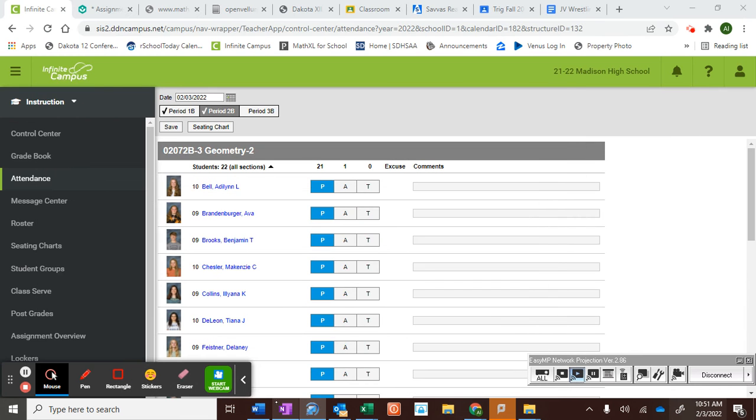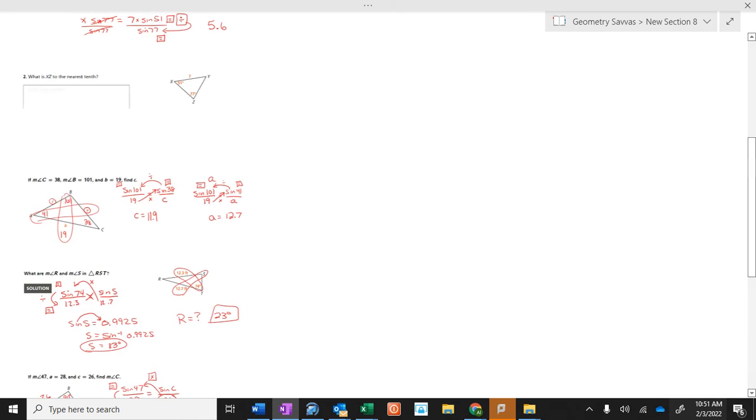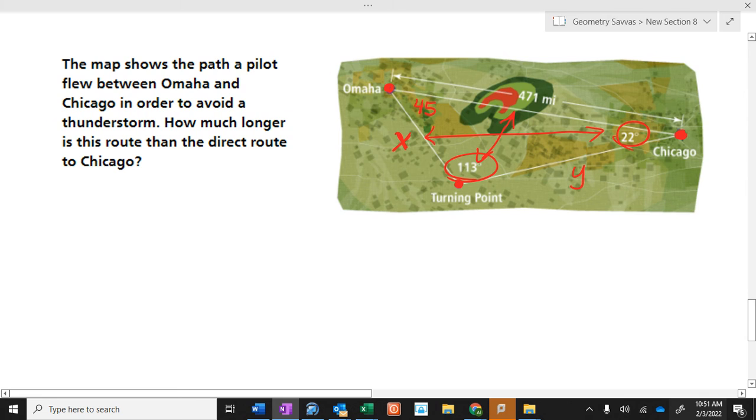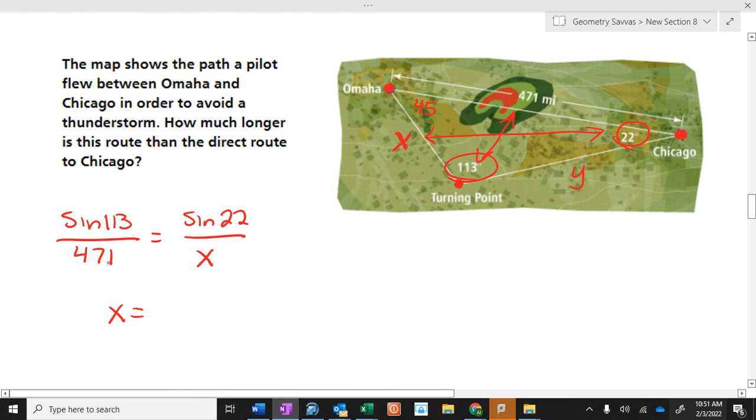So the sine of 113 over 471 equals the sine of 22 over x. How do we get x alone? 471, start at the bottom, times the sine of 22, press equals, divided by the sine of 113, press equals.